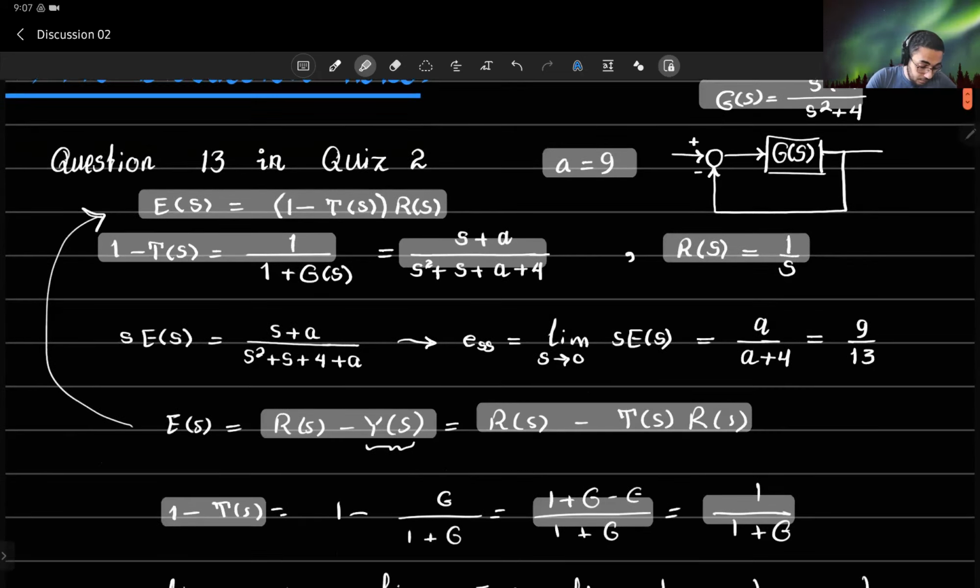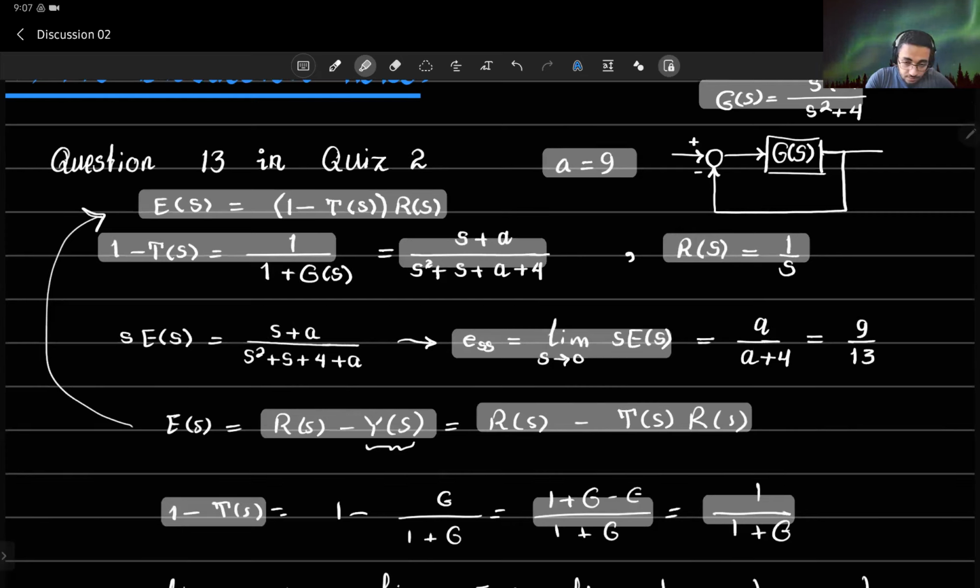So now we want to compute the steady state error, and to do that, we use the final value theorem, which says that the steady state error is going to be the limit of s times E of s. Now s times E of s is going to be equal to s times 1 minus T of s times 1 over s.